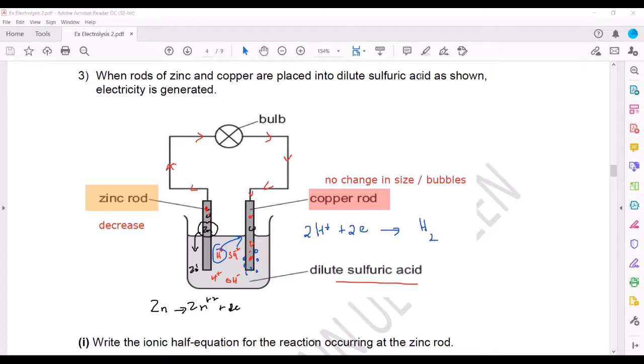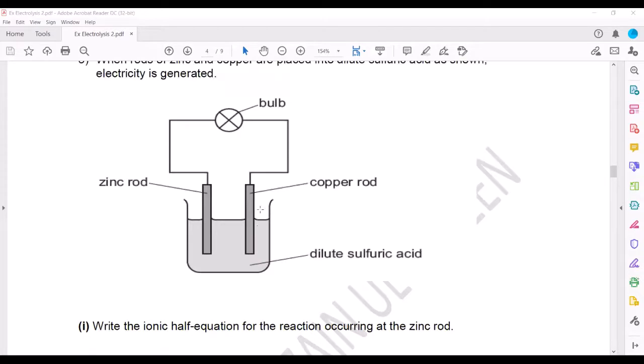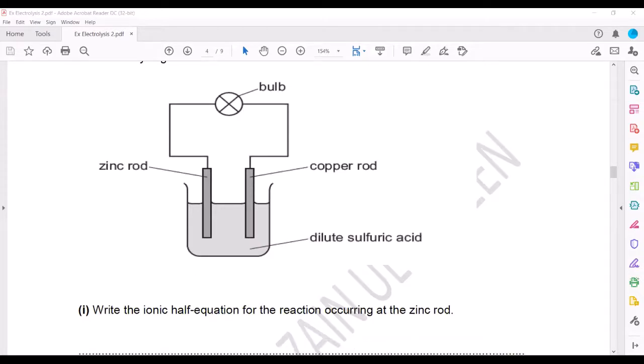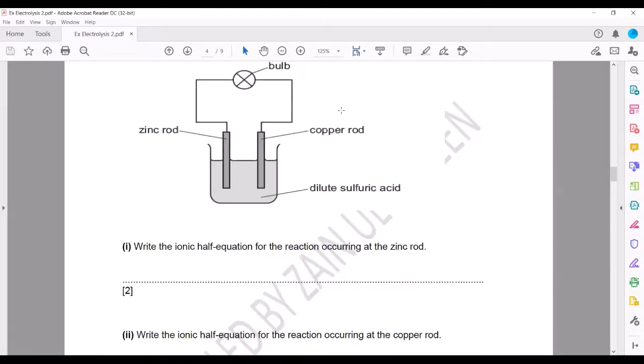So now the question is, write the ionic half equation for the reaction that occurs at zinc. What is the reaction that occurs at the zinc electrode? Basically zinc, which is more reactive, will lose electrons and turn into a zinc ion. Why is it 2 marks?